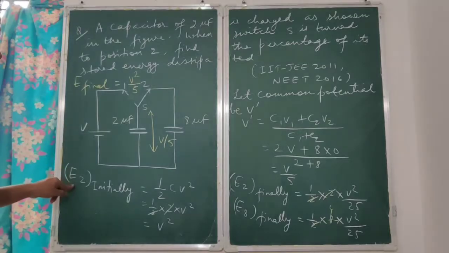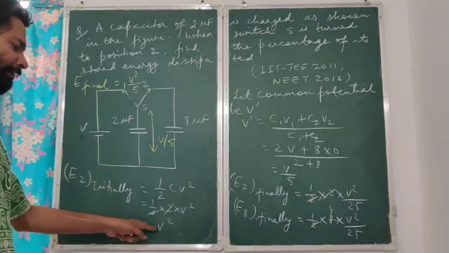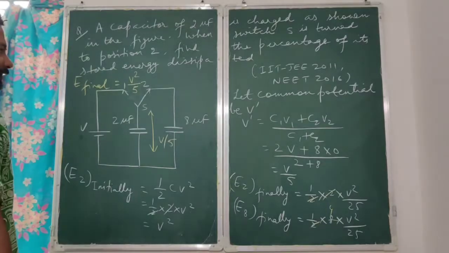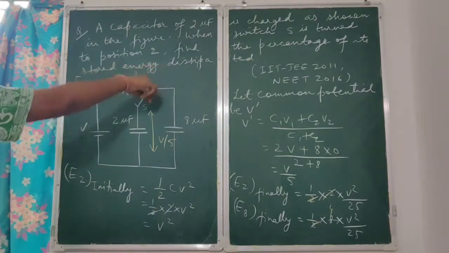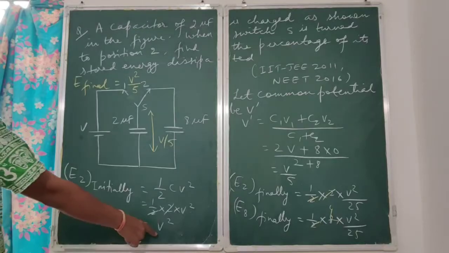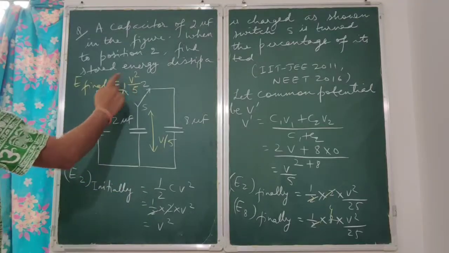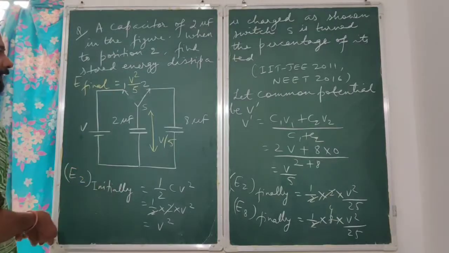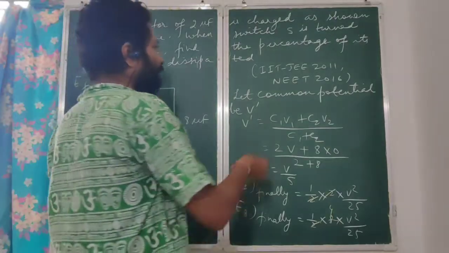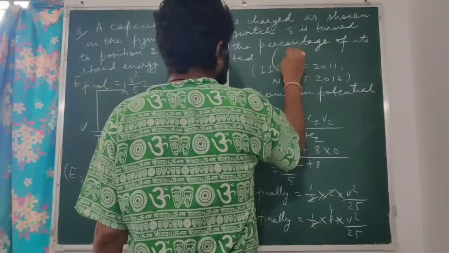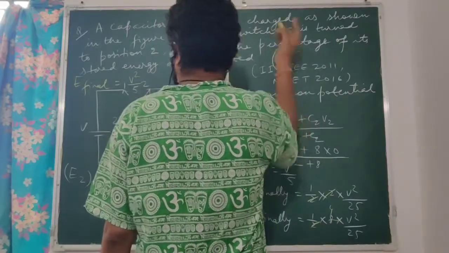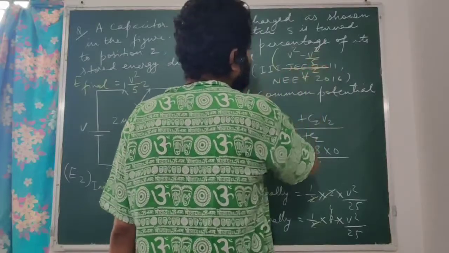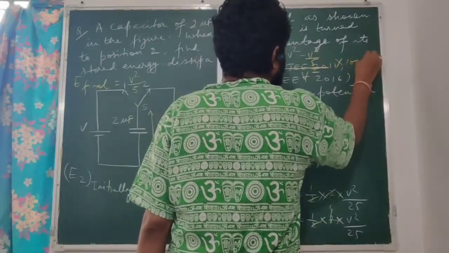And the initial energy, it is only stored in the 2 microfarad capacitor and that is V square. So what is the loss in energy or energy dissipated? It will be V square minus V square by 5, which will be 4V square by 5. So what is the percentage loss in energy? We can calculate it. Loss in energy is V square minus V square by 5, original is V square, into 100%.